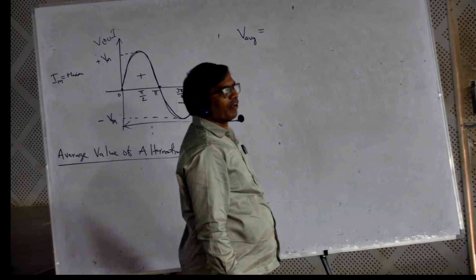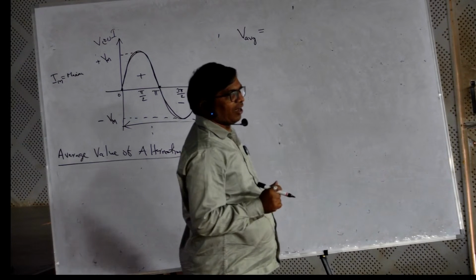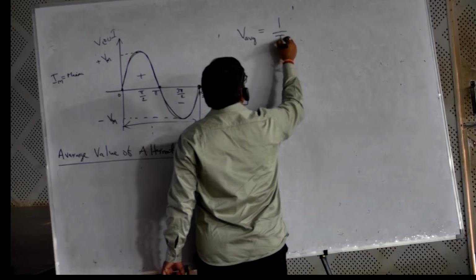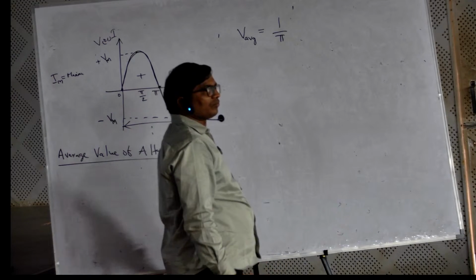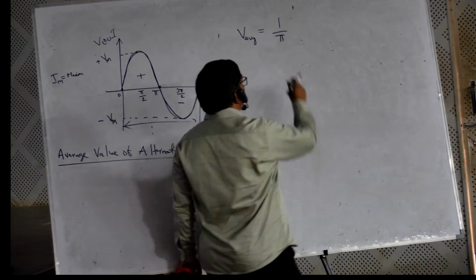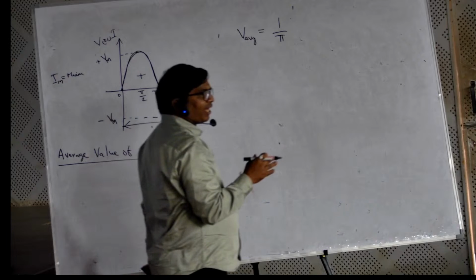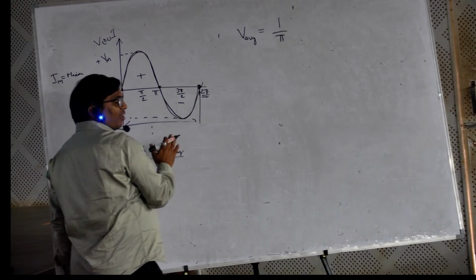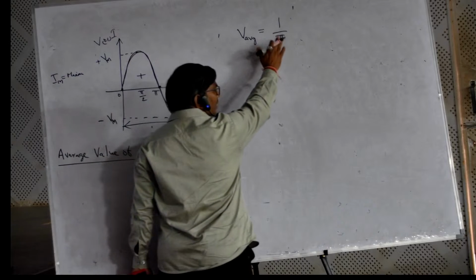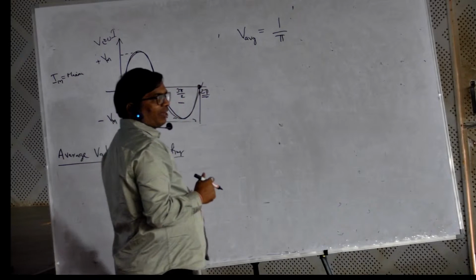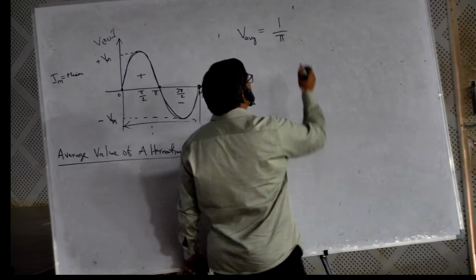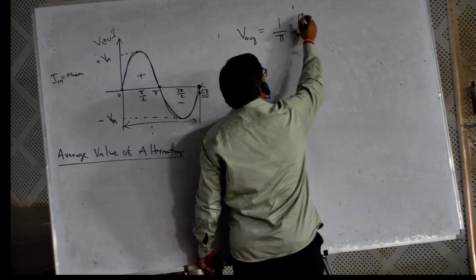for a half cycle. Half cycle means pi, so 1 by pi. The time period is the denominator, not the numerator, so 1 by pi, into the integral with respect to 0 to pi.